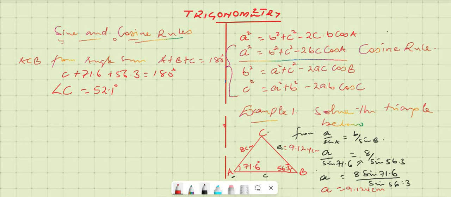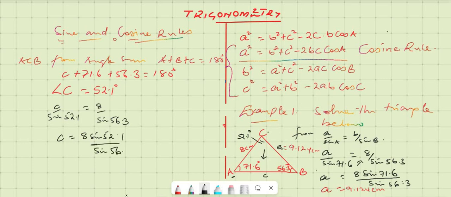Now this angle here is also known, 52.1 degrees. We are remaining with finding the side opposite it. We can still use the sine rule and we say that C over sine 52.1 is equal to 8 over sine 56.3. When you solve this, you find that C becomes 8 sine 52.1 over sine 56.3.